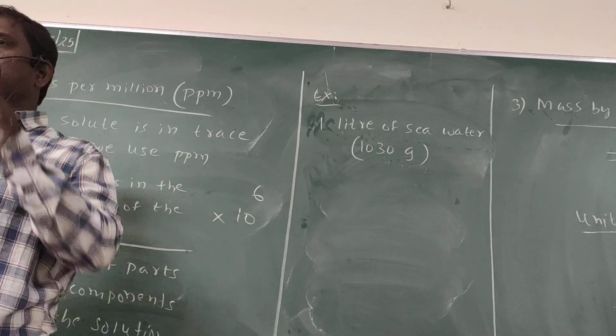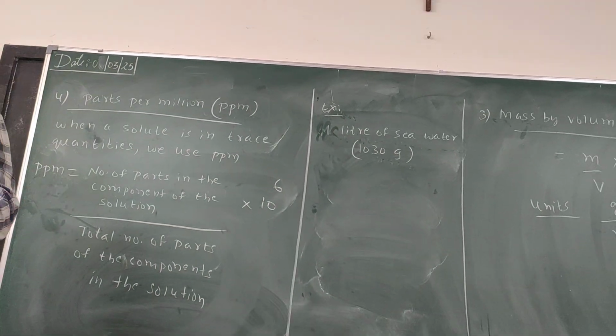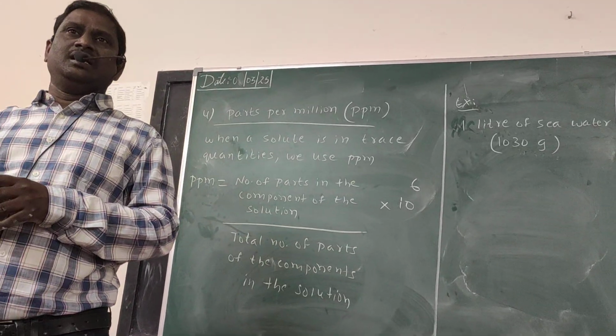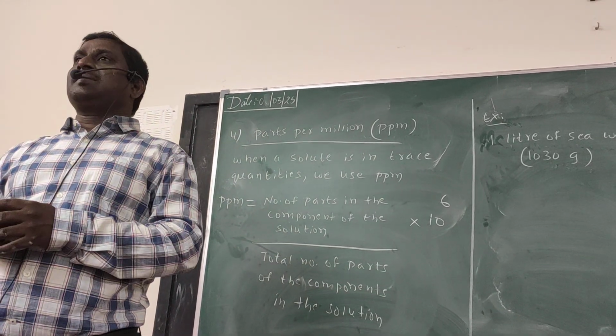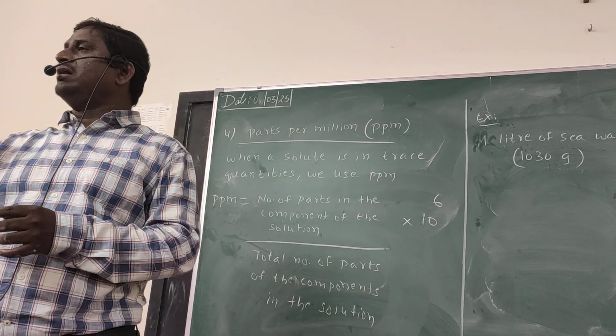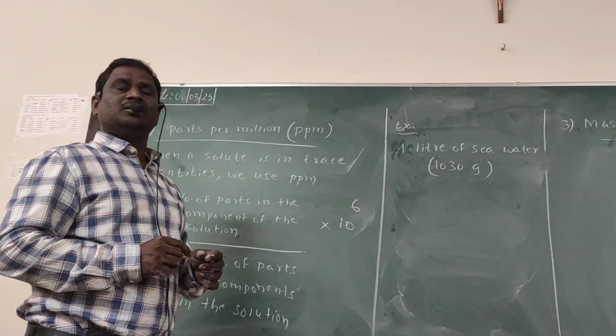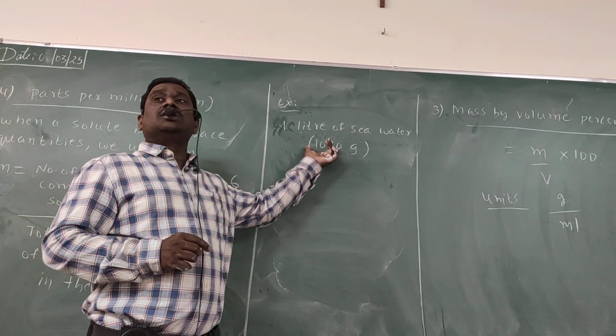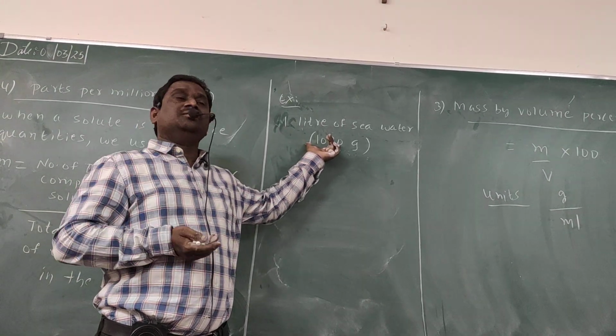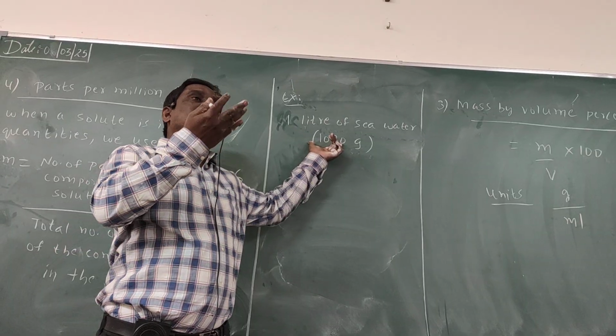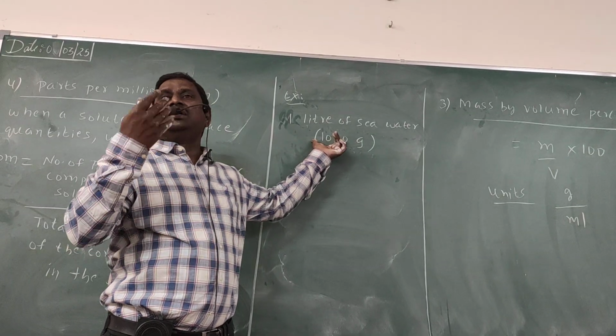Generally 1 liter of water is 1000 ml. But for seawater, 1 liter weighs 1030 grams. That means 30 grams more will be there. Why? Because salt is dissolved in it. So that's why the weight will be more.